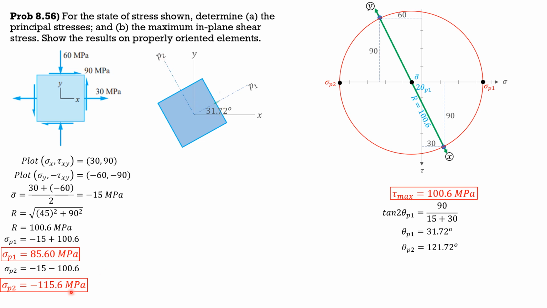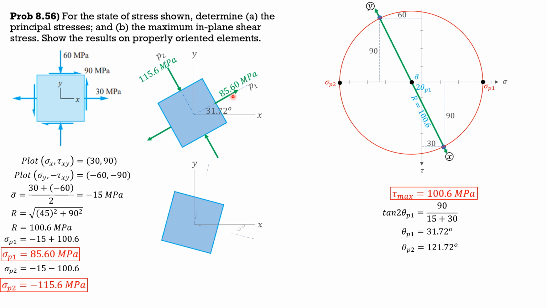On principal axis 1 acts tension 85.6 megapascals, and here compression 115.6 megapascals. Then on this axis here, which makes 45 degrees from the principal axis, and since this is already 31.72, to locate this axis here where in-plane shear stress is maximum and the normal stress is sigma bar, from the principal axis we rotate clockwise 45 degrees.